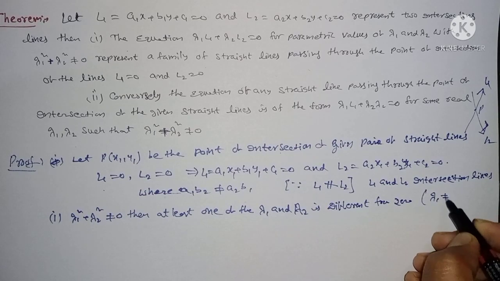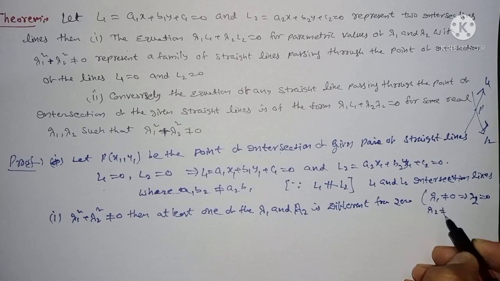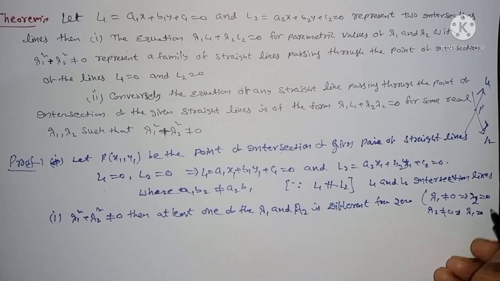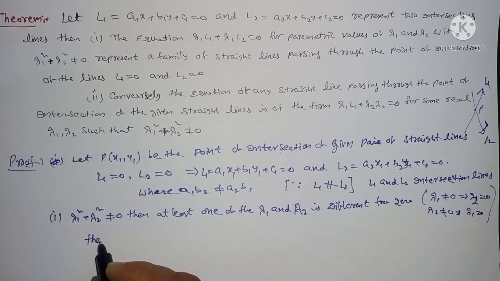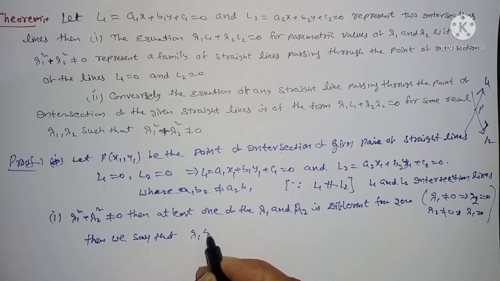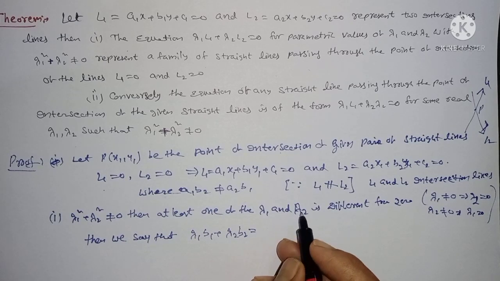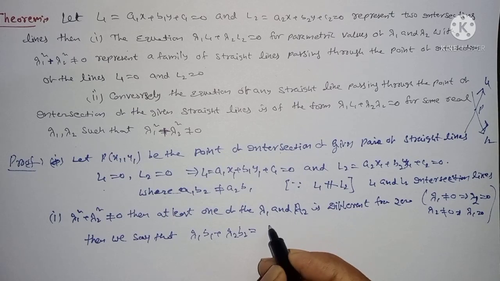Because if λ1 is not equal to 0, then λ2 may be equal to 0, or if λ2 is not equal to 0, then λ1 may be equal to 0. That is possible, that is okay. Then we say that λ1b1 + λ2b2 cannot be equal to 0 for both.